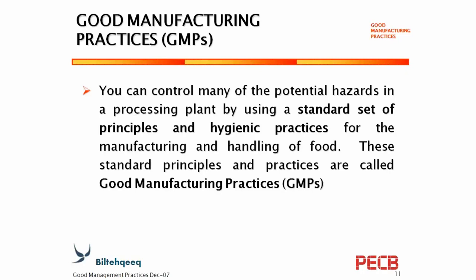So as we have talked about SOPs and HACCP, these are basically the good manufacturing practices which we can apply to eliminate or reduce any hazards during our manufacturing processes of the food.